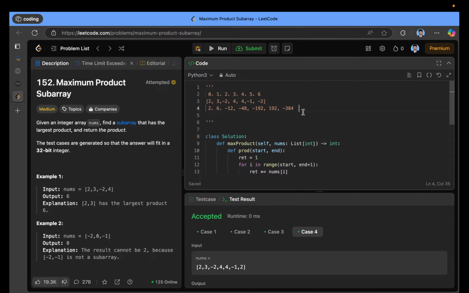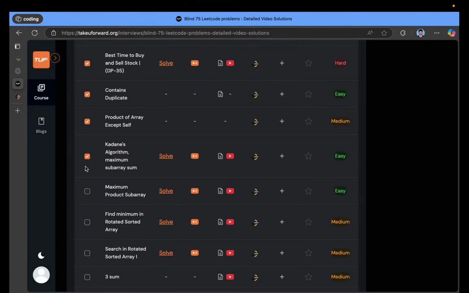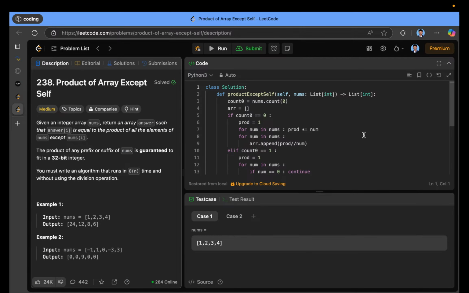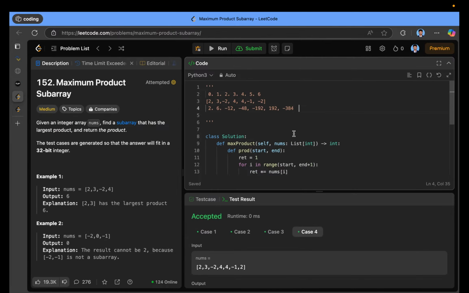Okay, I think I found a way to solve this. Maybe it is not guaranteed. Like, I think which question was it in which we counted the zeros. Product of array except self. This guy. So what we did then was we took the counts. If there is not a single zero present in the whole array, then we just find the whole product.